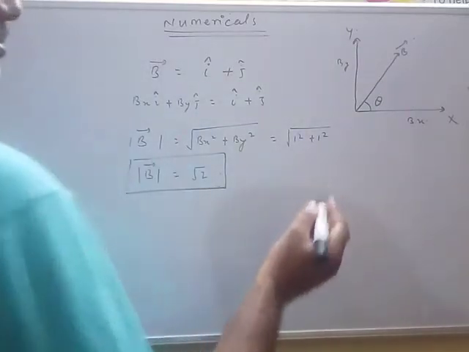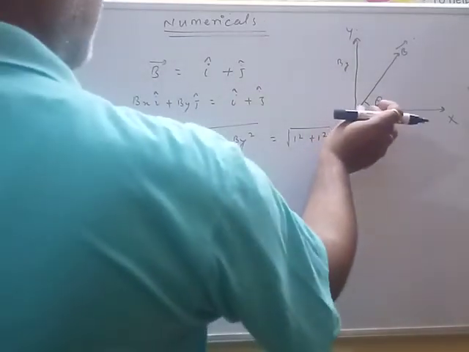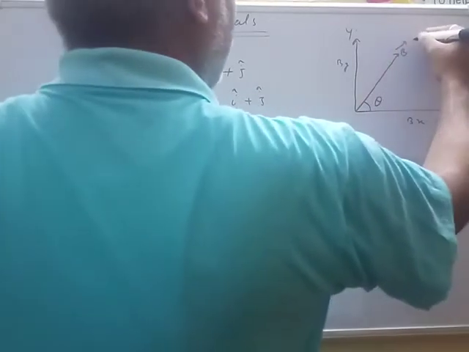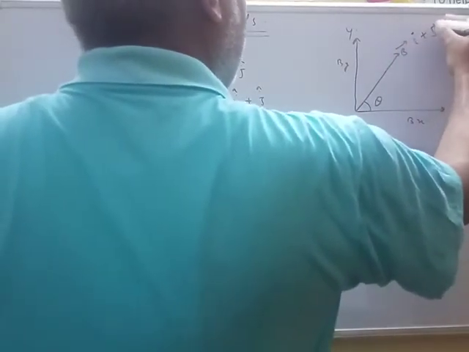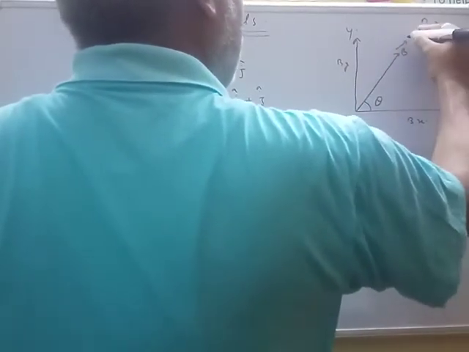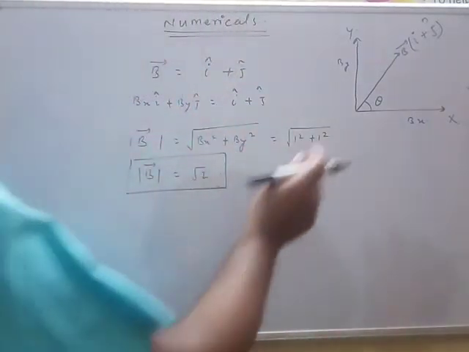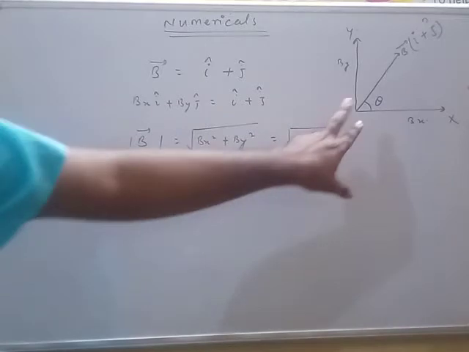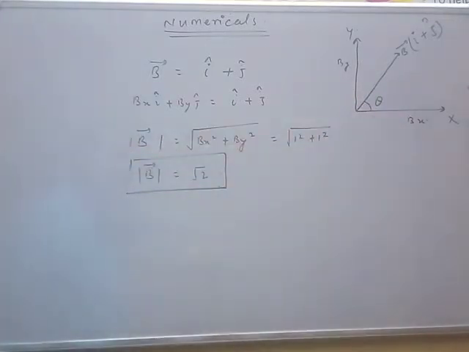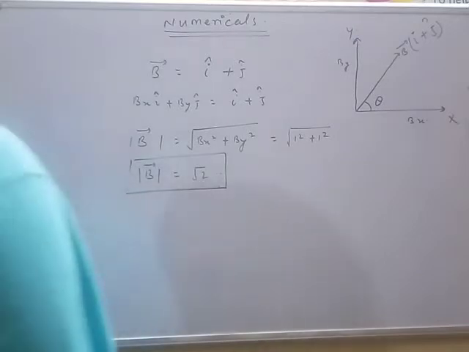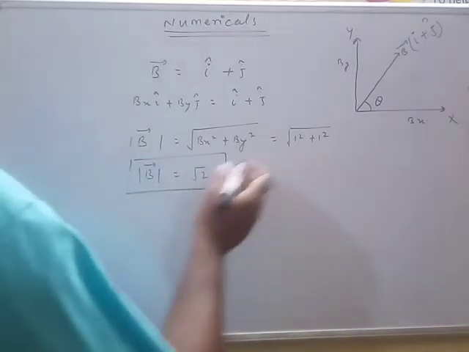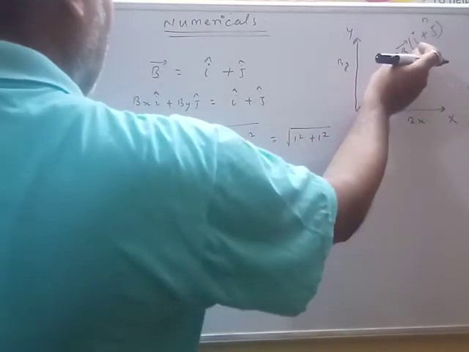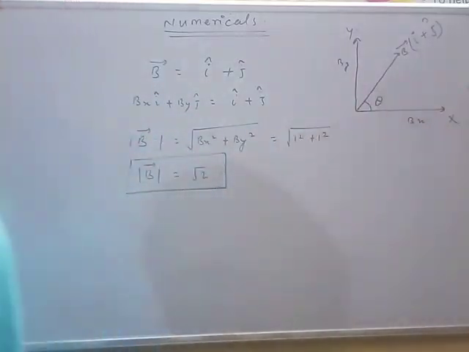Therefore we have to evaluate the angle here. This A is the vector i, this B is the vector i plus j, and we are going to evaluate this angle theta with the x-axis, or the direction of i plus j.